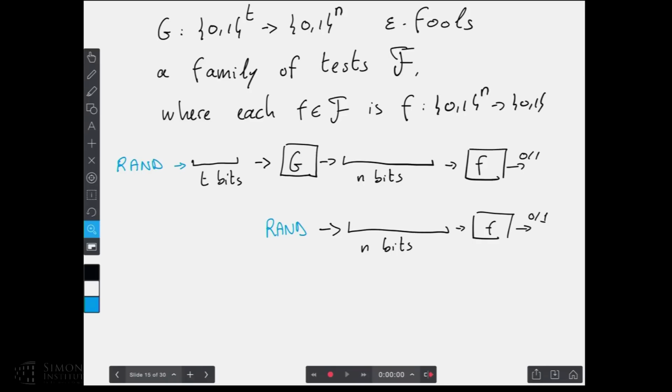So the kind of notion that we have in mind is that we would like to have some procedure, a deterministic one, that takes a small amount of randomness, maybe even no randomness at all, and that's usually not possible, and then it stretches it to a much bigger output in such a way that this output has many of the useful properties of a truly random output, even though it has such a small entropy.